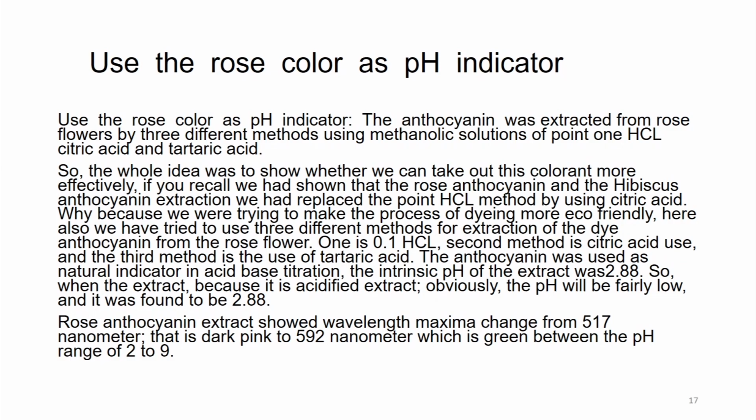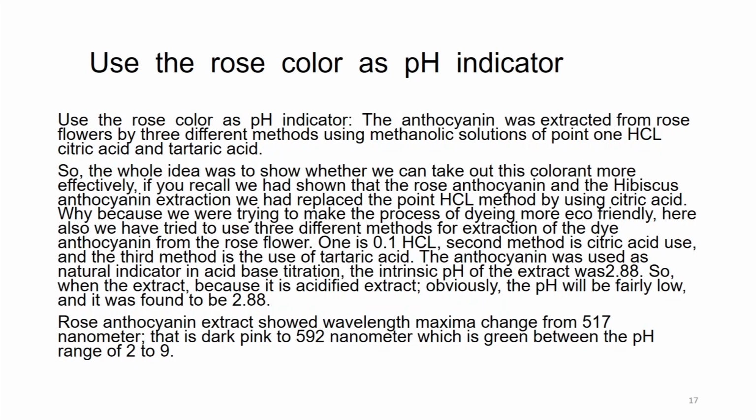In this case, we took 3 instances. One is using 0.1 normal HCl, second method is citric acid use, and the third method is use of tartaric acid. The anthocyanin was used as a natural indicator in acid base titration. The intrinsic pH of the extract was 2.88, that means it was already quite acidic.